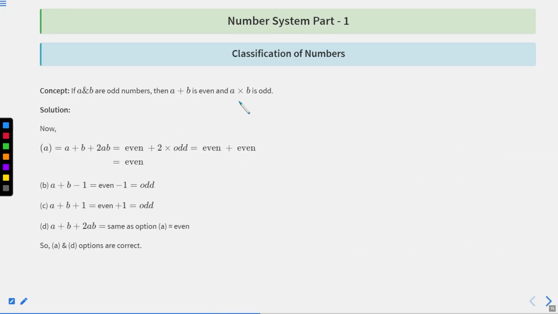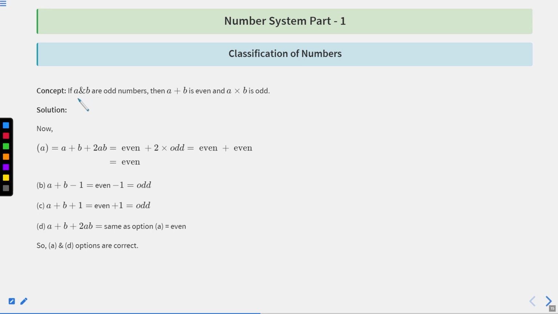So let us see. First of all, we have A and B as odds, and we have already seen in previous examples that when 2 odd numbers are added, the resultant number is always an even number. And if the product of 2 odd numbers is taken, the resultant number is an odd number.